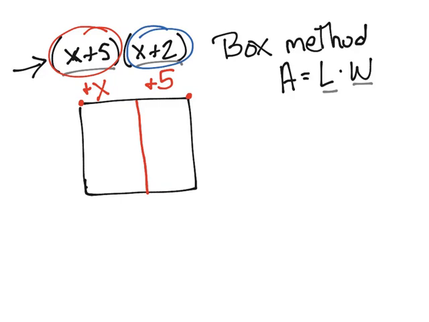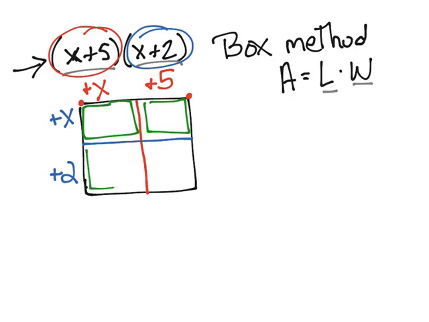Since we already have our length going across, our width will go down. Once again, we can split it into positive x and positive 2. The distance here represented by x, and this distance here represented by positive 2. So our total width is x plus 2. Now we simply need to find the area of each of these four inner squares, or rectangles.